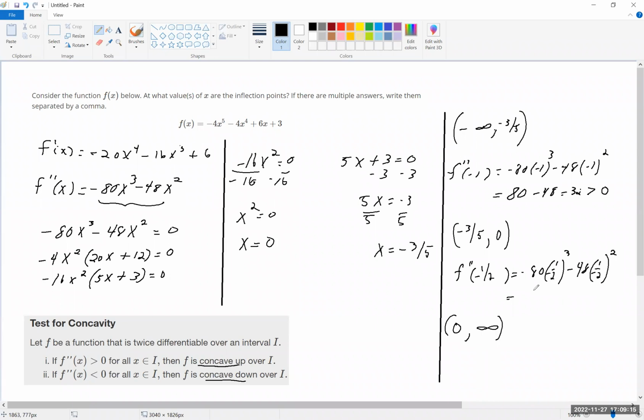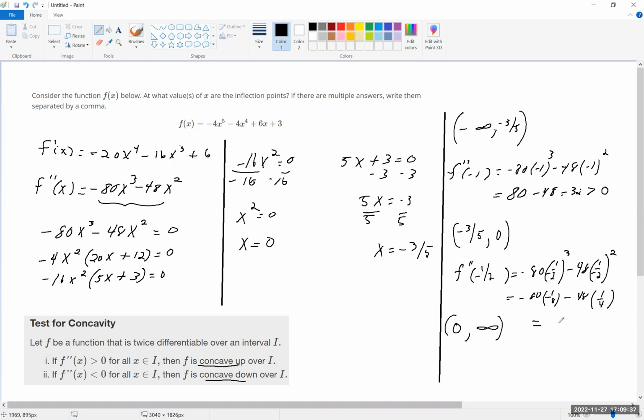And so then -1/2 to the third power is -1/8. -1/2 squared is a quarter.